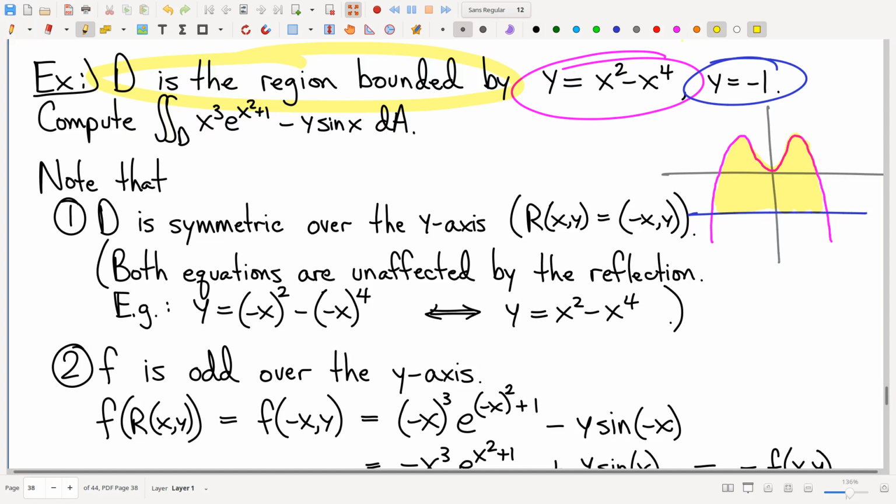Since we're clearly making arguments about reflecting over the y-axis, you can think directly about what the formula for reflecting is. If I have a point there, and if I reflect, you get a point over here. What's that formula for that reflection?